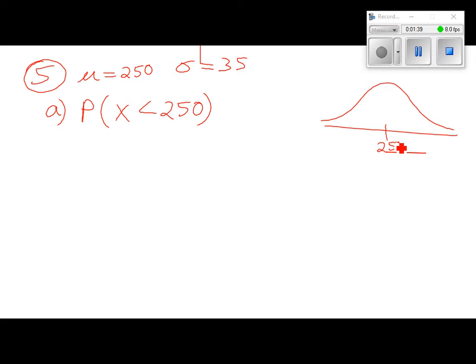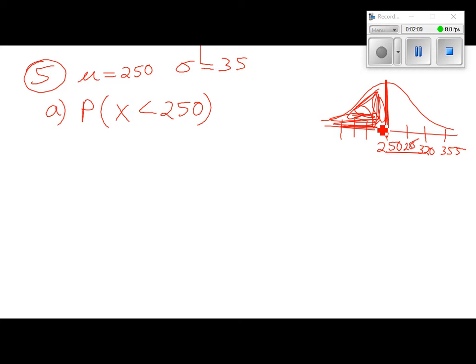Our mean is 250. 35 is the standard deviation, so we would add 35, another 35, another 35. That's 320 there, then 355, 285, and so on. We could do it on the other side. This time we pick a bill at random and want it to be less than 250.